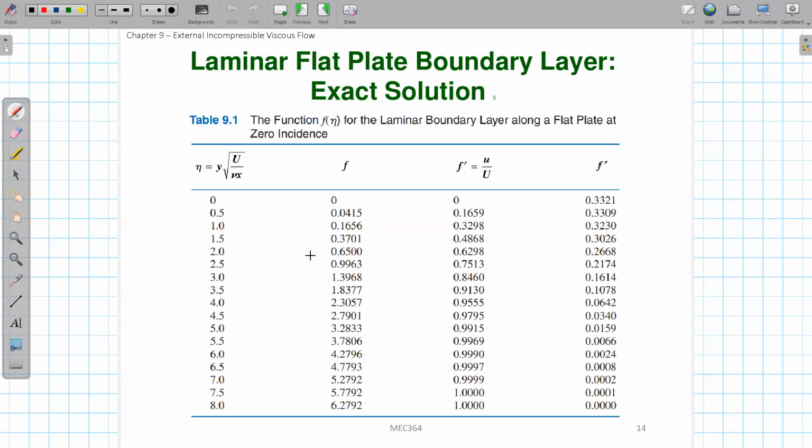So this is the result you can obtain by solving that third order ODE. This is the definition of the eta we gave before. This is the similarity variable, right? And this is F at different eta values, and this is F prime, and this is F prime prime.